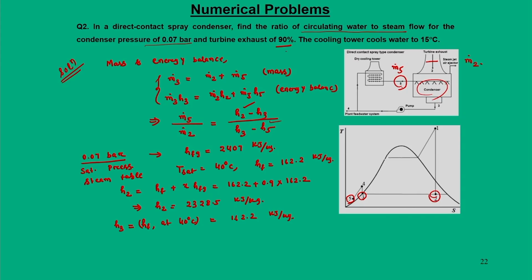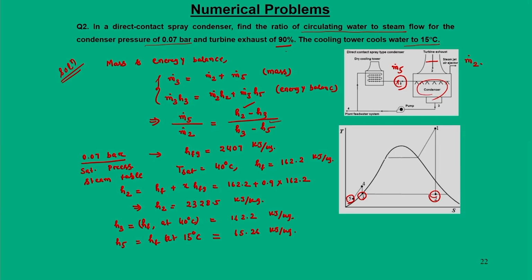Next thing, H5. H5 is at the condition here. Cooling water is at 15 degree centigrade. So, H5 is equal to HF at 15 degree centigrade. This value can be obtained from the steam table, and that number is 65.26 kilojoule per kg.